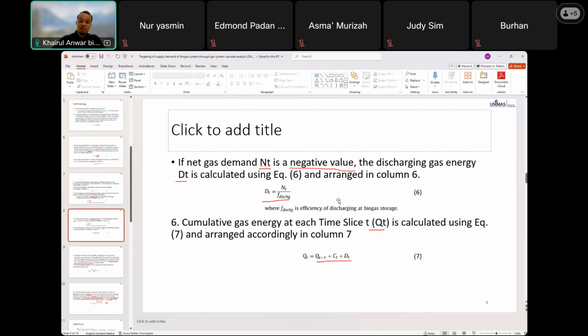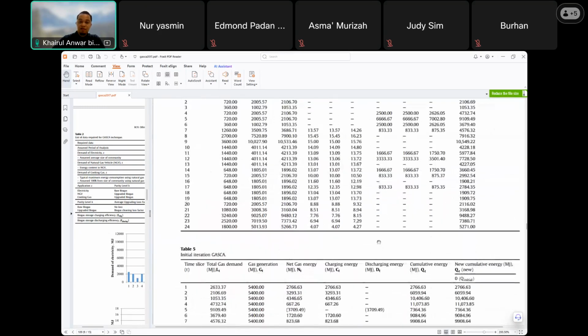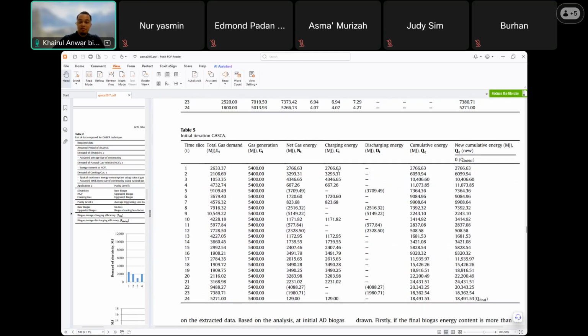For discharging energy, it's division, no? If you check table 4 there, it's actually the same value. Like, see, 2766 multiplied by 1 is 2766. But this discharging, 3709 divided by 1.